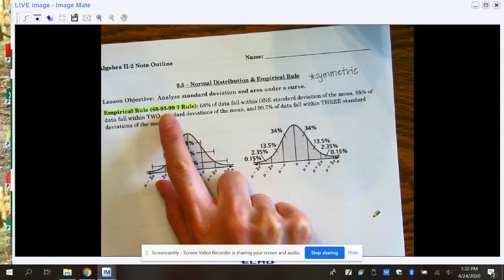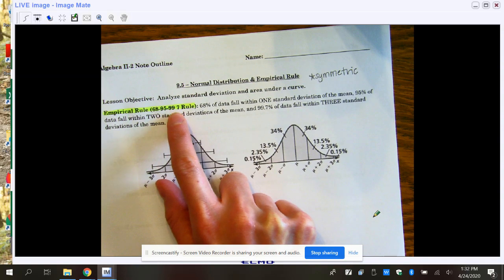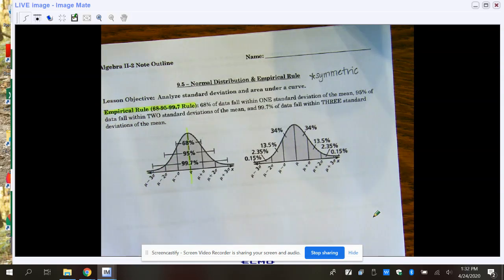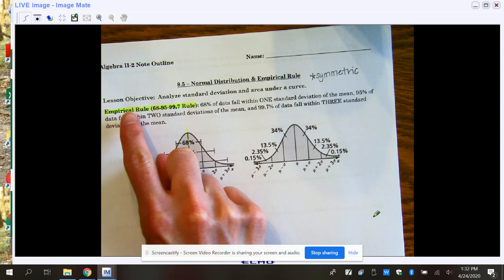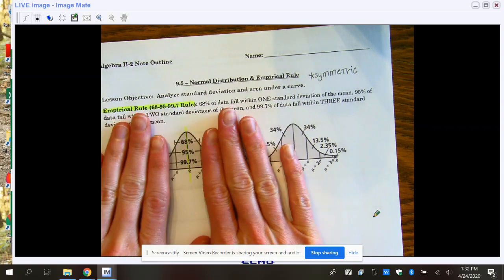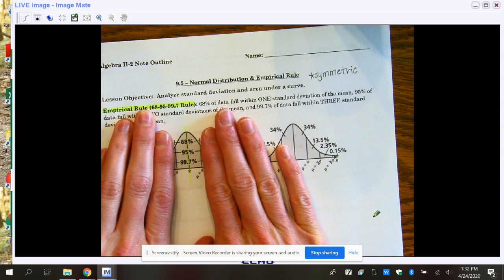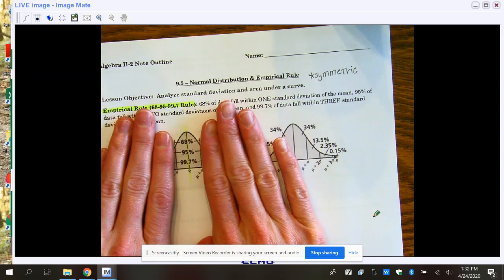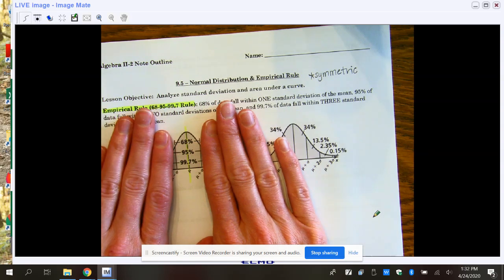It's called the 68-95-99.7 rule, also called the empirical rule. They found that 68% of your data falls within one standard deviation of the mean. That means 68% of your data is either one standard deviation above or one standard deviation below your mean.